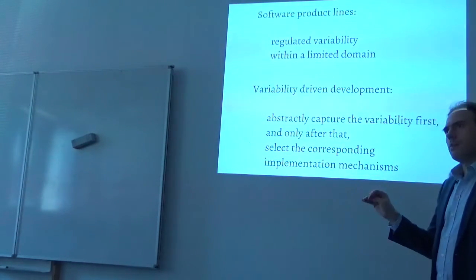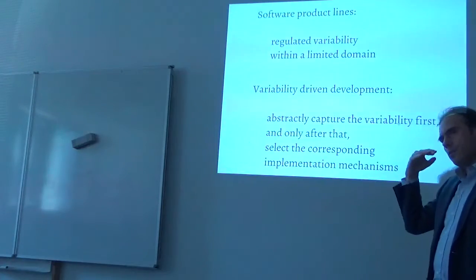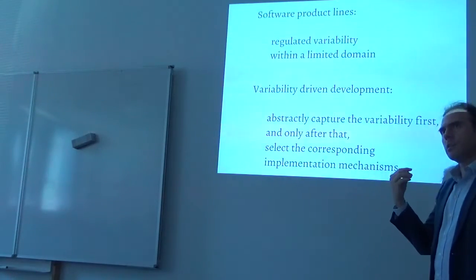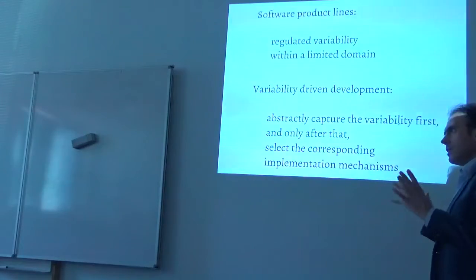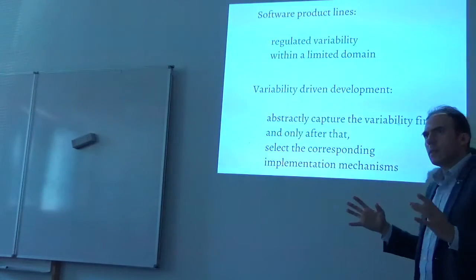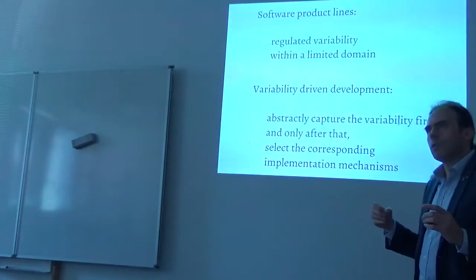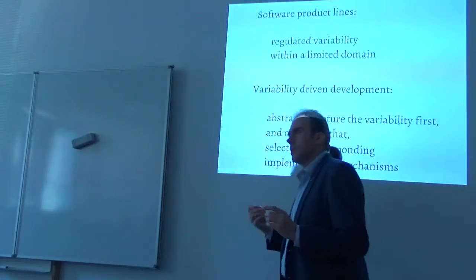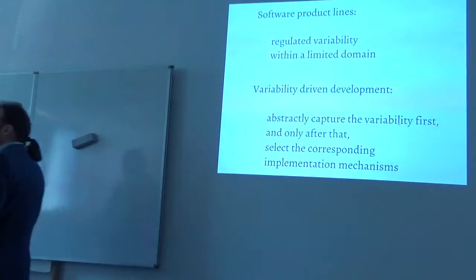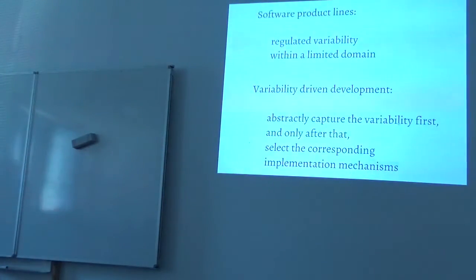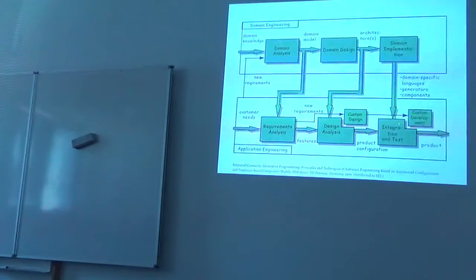So it pays off first to think abstractly about variability and how things are, and then you decide what you really need to achieve this kind of variability. And this is the key of this process of software product lines, and the scheme roughly looks like this.